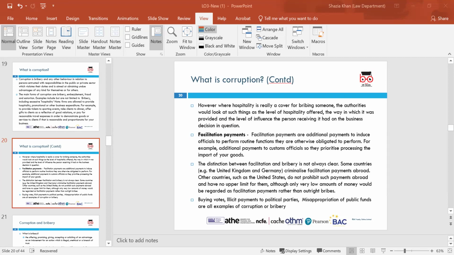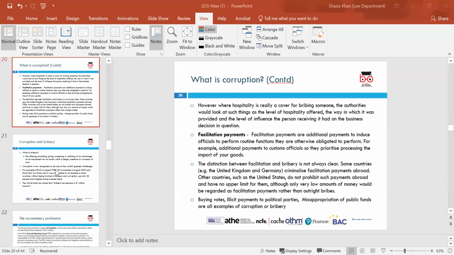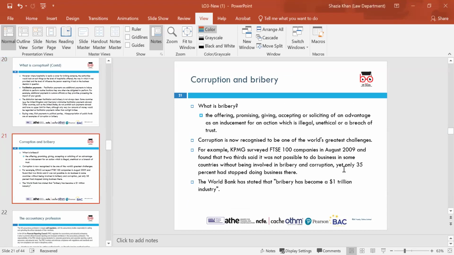The distinction between facilitation and bribery is not always clear. Some countries criminalize facilitation payments abroad. Other countries, such as the United States, do not prohibit such payments. So there's a difference between countries due to their jurisdiction and the laws in that country.